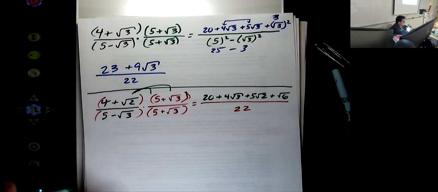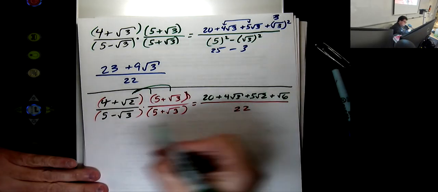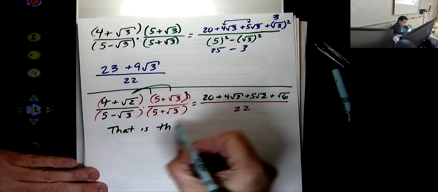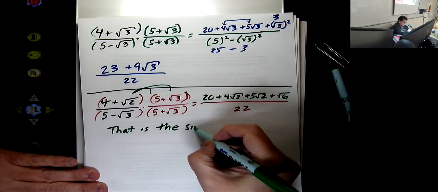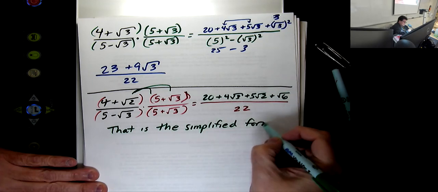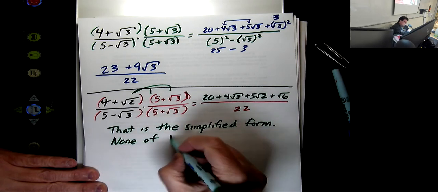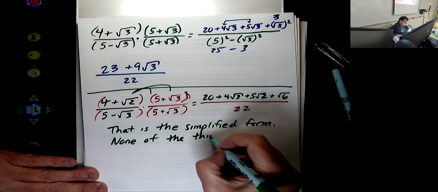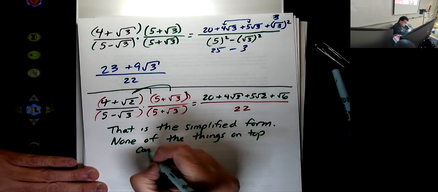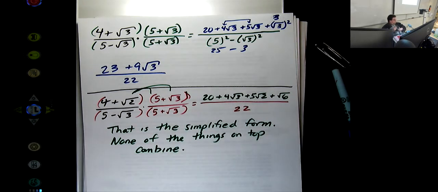And someone is inevitably going to try to combine those, but that is the simplified form. None of the things on top combine. So it's an ugly answer, but it's the answer.